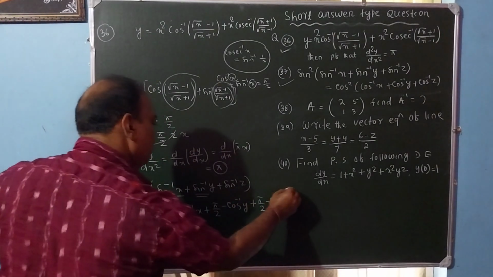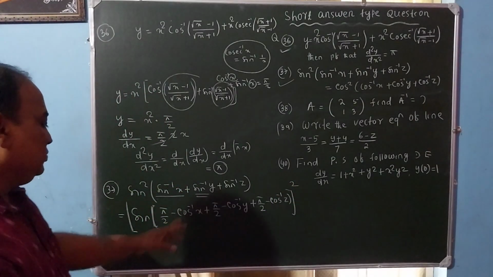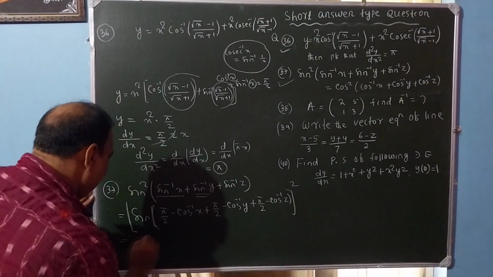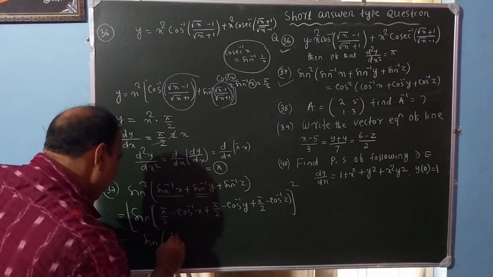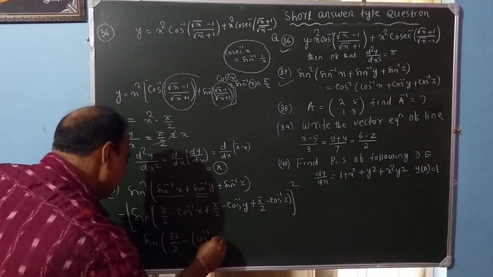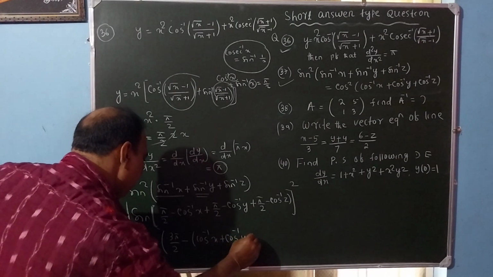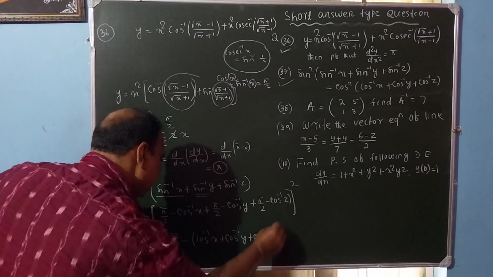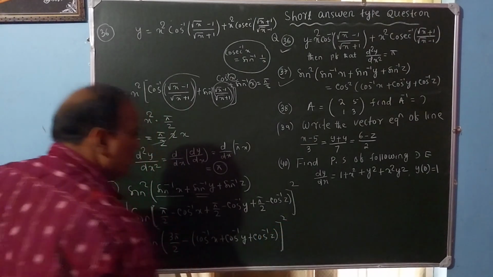So pi by 2 plus pi by 2 plus pi by 2 is 3 pi by 2. Write down sin square of [3 pi by 2 minus (cos inverse x plus cos inverse y plus cos inverse z)].